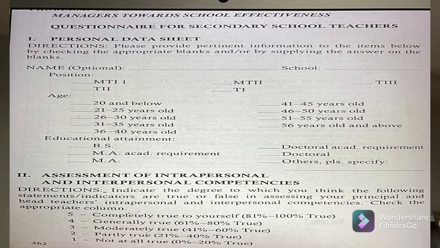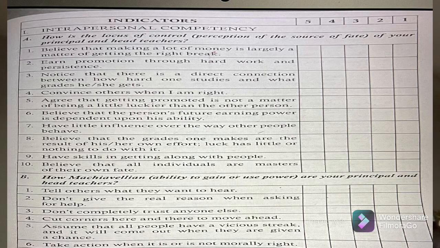In this example, you will now have what we can call a holistic rating scale or rubric, and we have the indicators. The interpersonal competency can be called the major variable or major criterion.